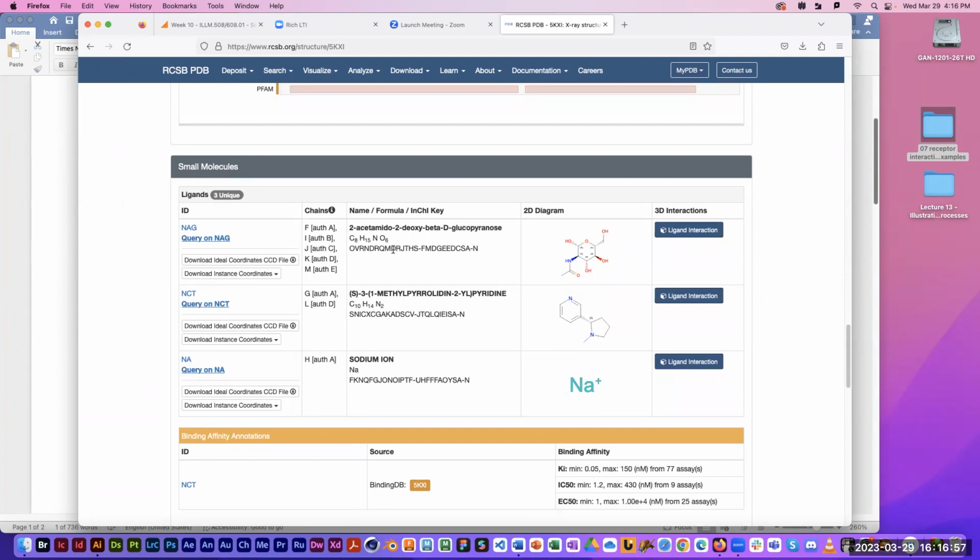You'd have to research and figure out what these things are, but none of these are acetylcholine. So none of these are the normal endogenous ligand for the nicotinic acetylcholine receptor. I mean, you'd have to kind of research what these things are to know that, okay, that's not nicotine.